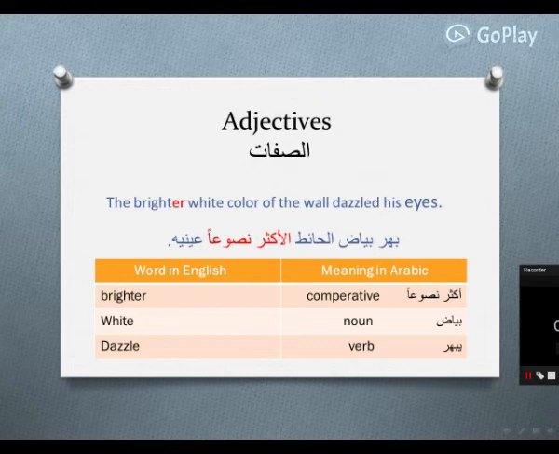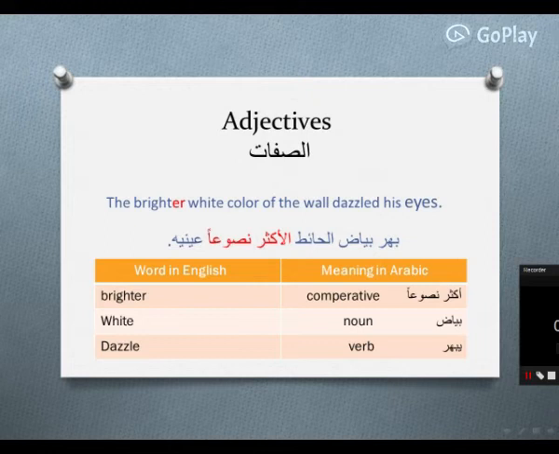How are we going to deal with this problem in Arabic? We need first to understand the sentence. The brighter white color of the wall dazzled his eyes. So the white color here is brighter. So we need to think of a way to say this in good Arabic. So we're going to start like this.